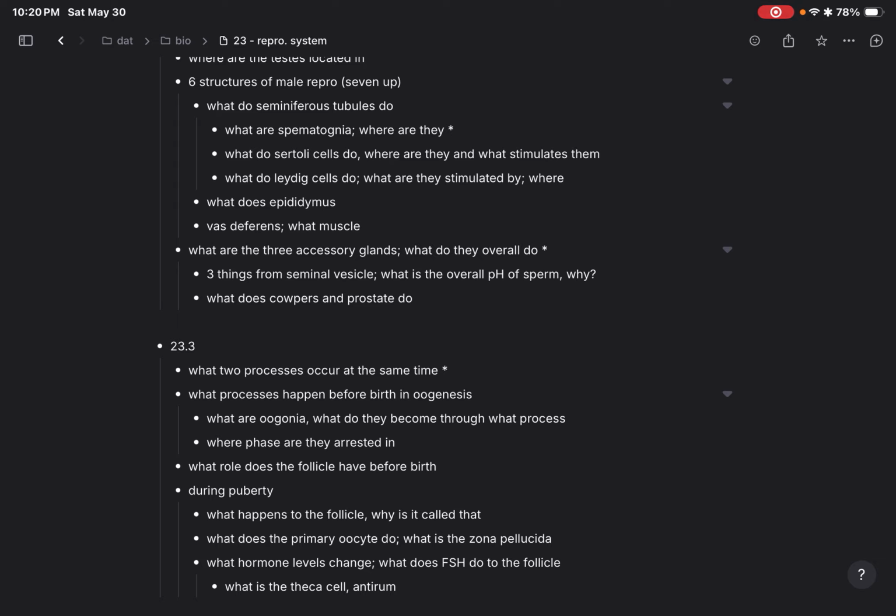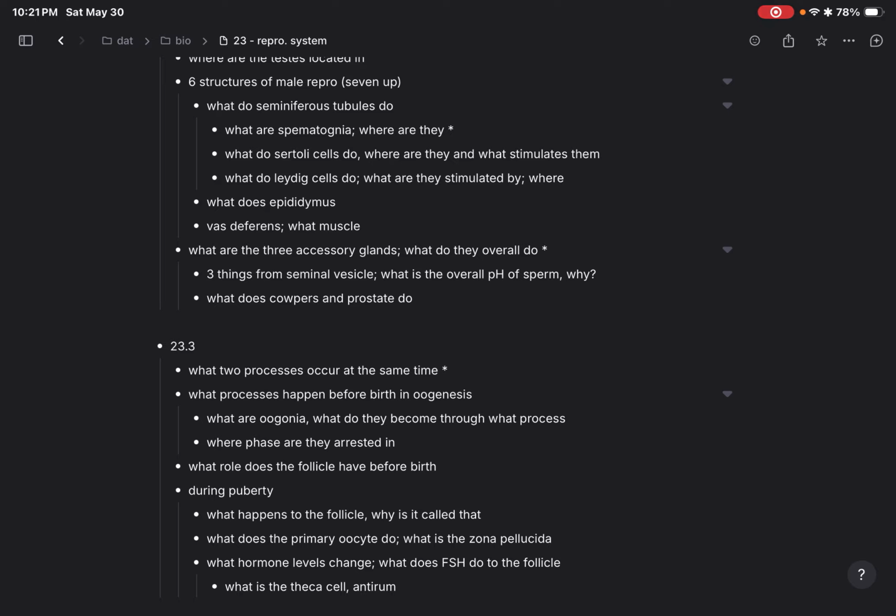So what do the spermatogonia do? Spermatogonia are germ cells that undergo meiosis. So these don't duplicate with mitosis, they just go to meiosis. However, the oogonia will do mitosis into primary oocytes, and then those oocytes will start meiosis.